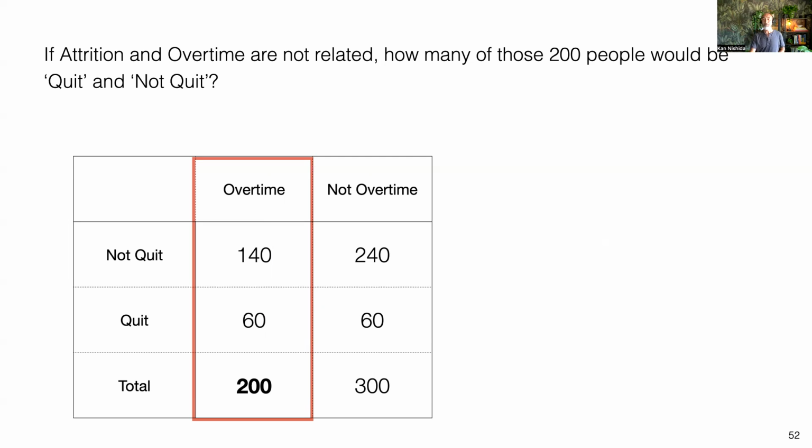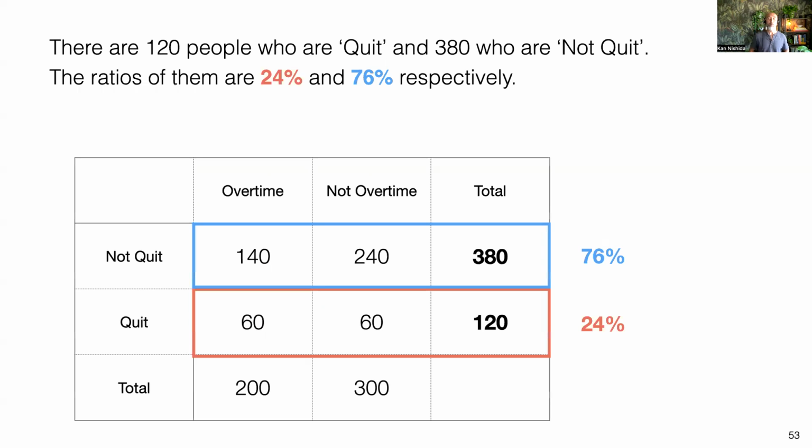To do this is pretty simple, actually. You might get a bit confused at first, but when you think about it, eventually I hope you can see what I see too. First, we calculate how many people in total did not quit and how many in total quit. Those are 380 people and 120.